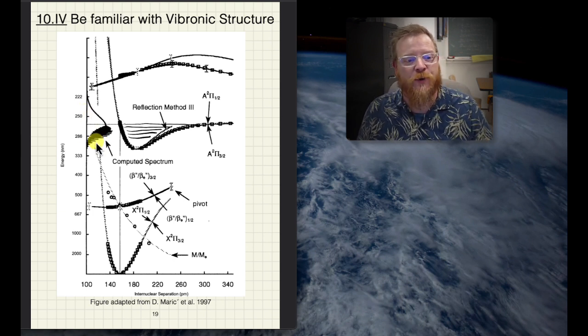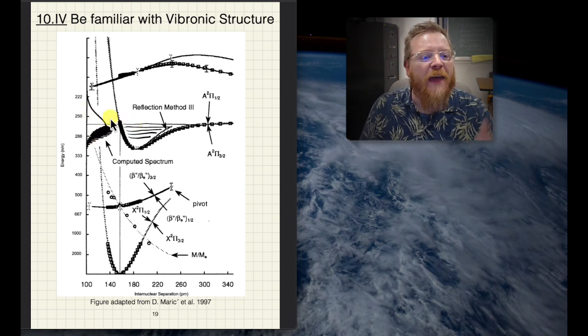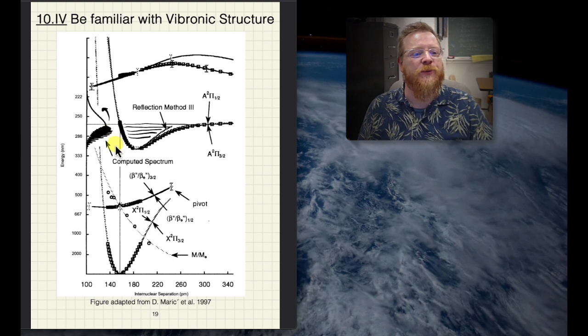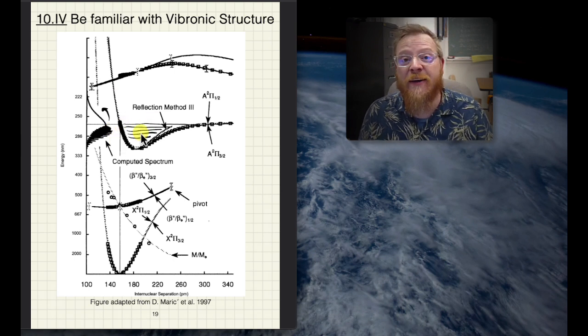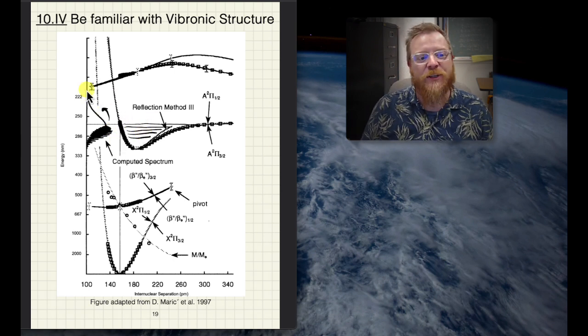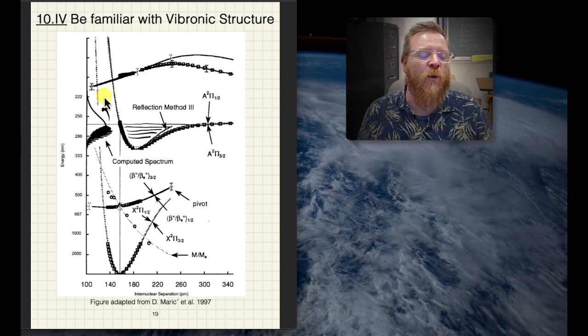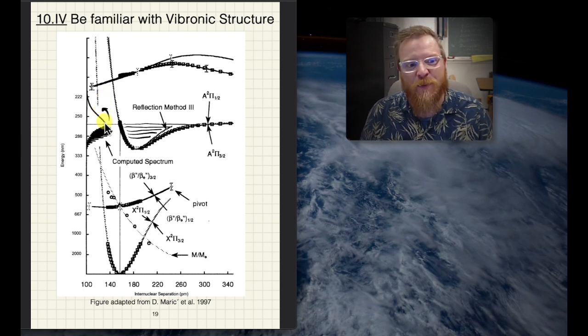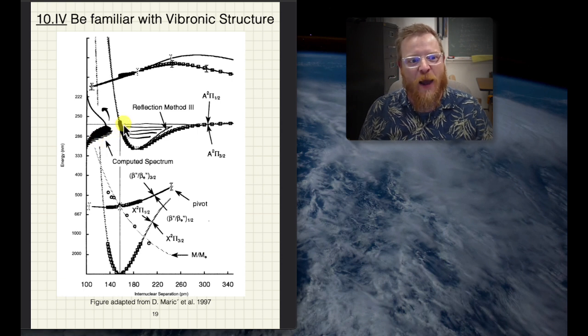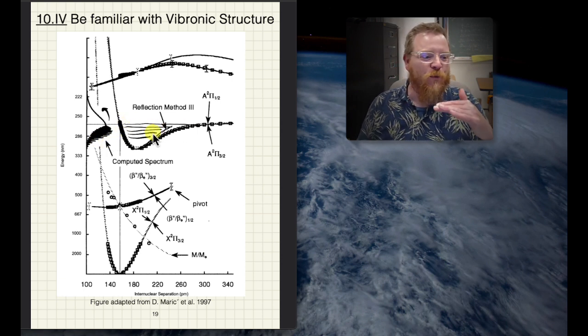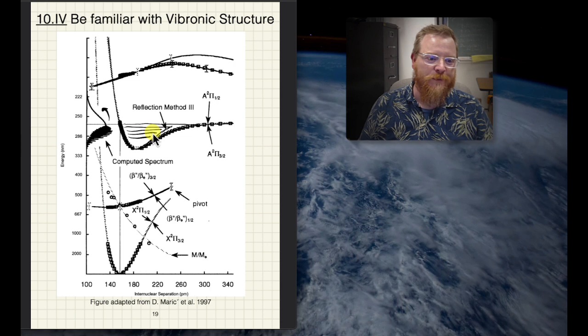Here's the spectrum turned on its side. And then above those energy levels, we're out of this banded vibronic structure, so now we just get this continuum absorption. I think this is really cool that we can find a sample molecule that does just that, where our lambda max puts us right at the top of the well.